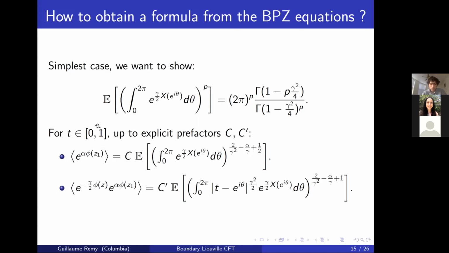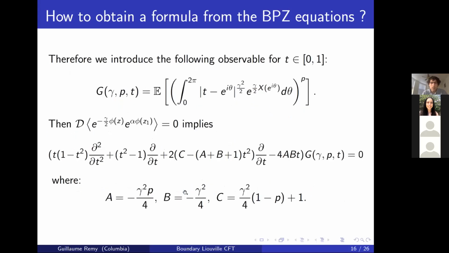So it corresponds to adding a fractional power for t. I should say this parameter t is just some number in (0, 1). It's going to be the free parameter of your equation. Let me explain it with the next slide. Let's just call G this G of gamma, p and t. It's this observable we're introducing for t in (0, 1). It's basically just a moment of the GMC on the unit circle with this fractional power added in.